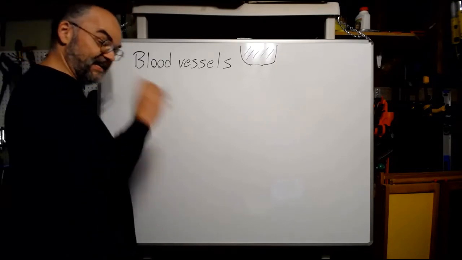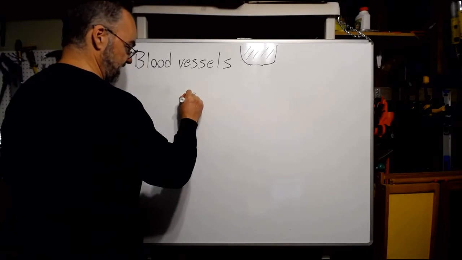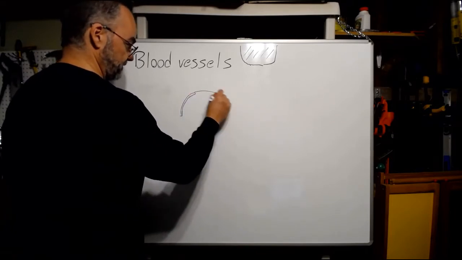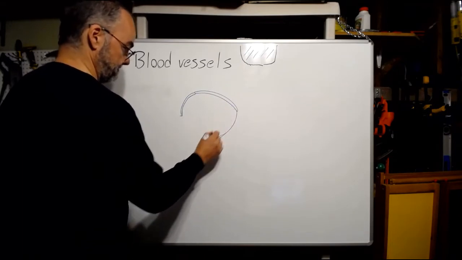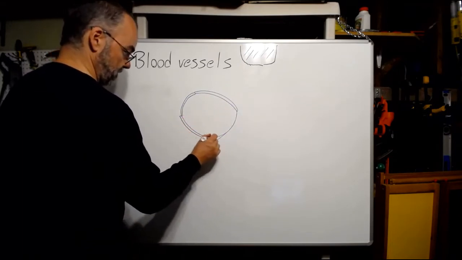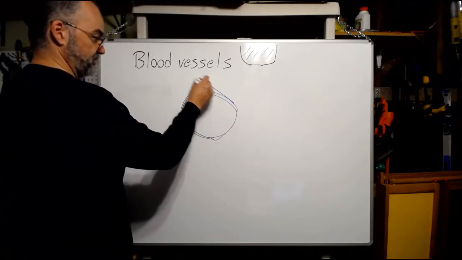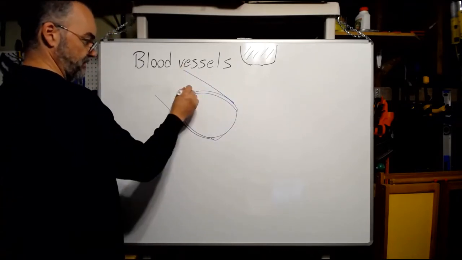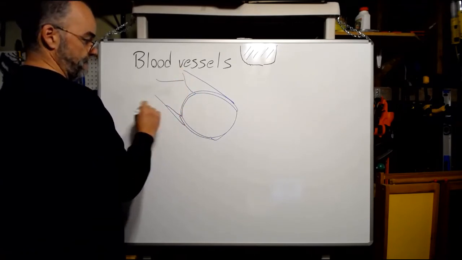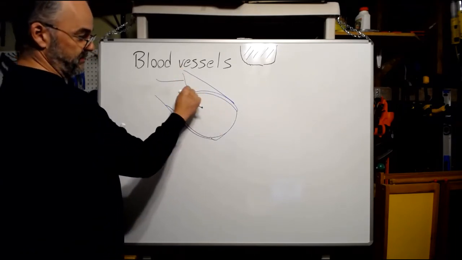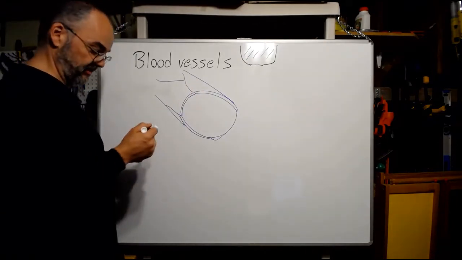On the inside of every blood vessel, you will have a thin layer of cells. So this is one cell, very thin. If we draw this in sort of pseudo 3 dimensions, you could see that this is one cell forming sort of a tile on the wall. This would be a very small vessel. This would be a capillary.